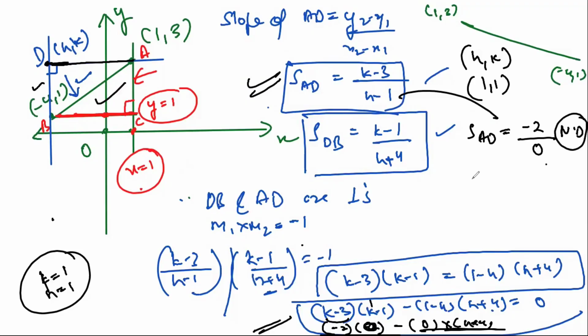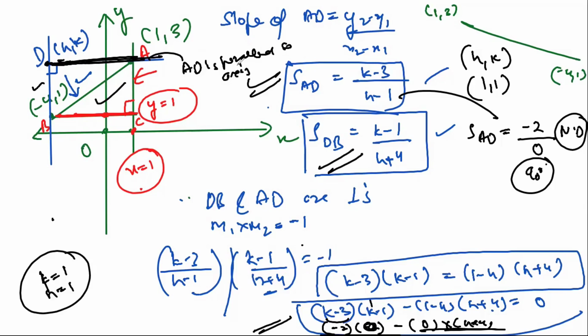You know that slope is tan theta only, and tan theta is not defined at 90 degrees. So making a 90-degree angle means perpendicular. If AD is making a perpendicular line, it means it is parallel to the x-axis, obviously. So the equation of line AD is parallel to the x-axis.